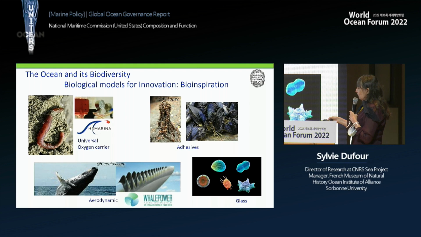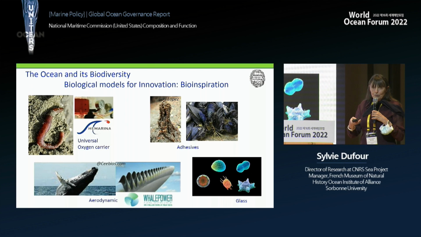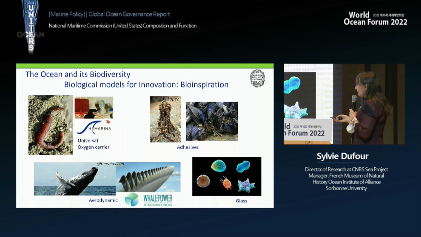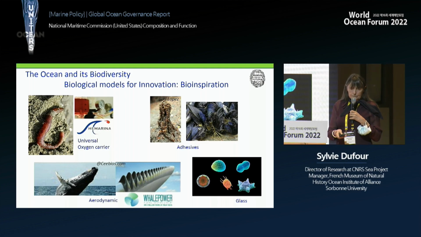Here, from the shape of the whale flipper, developing new turbines that are more aerodynamic, or developing new adhesives that are waterproof. And here, an example of developing new processes that are energy effective. For instance, diatoms are able to produce glass at low temperature and low pressure. So all this is just a starting field that is in full development.